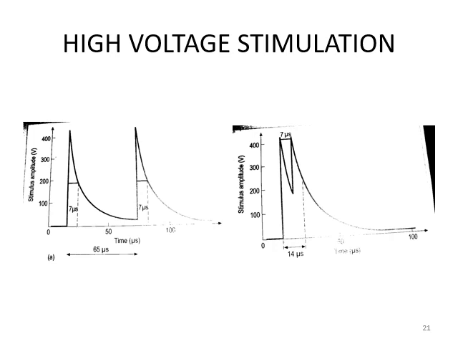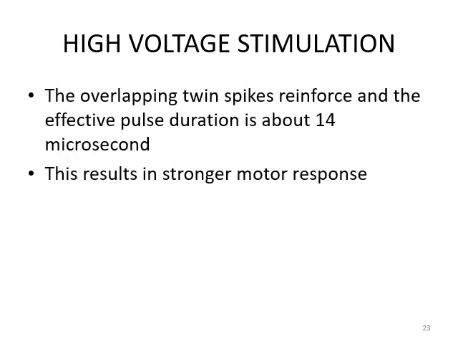So the total effective duration is 14 microseconds, followed by gradual decline in intensity up to 100 microseconds, followed by a long interpulse interval. So it is the overlapping twin spike which reinforces the effect of the pulse, and this effective pulse duration is around 14 microseconds, which produces a strong motor response.